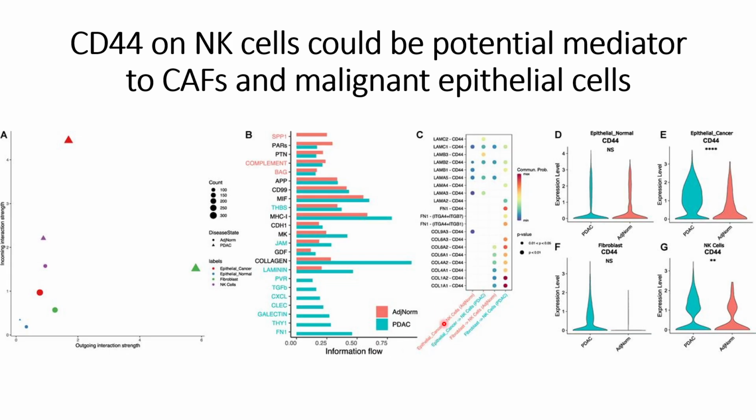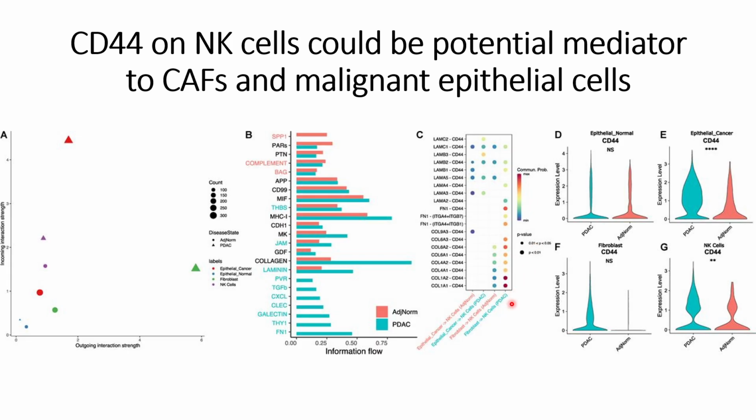For example, the epithelial cancer cell and NK cell interactions mainly occur through CD44 and COL9A3, and the other interactions shown here, where the color represents intensity. The maximum intensity is found where the fibroblast and NK cell interactions occur, that is CD44 and COL1A1, and CD44 and COL1A2. These are the places where maximum interactions occur.